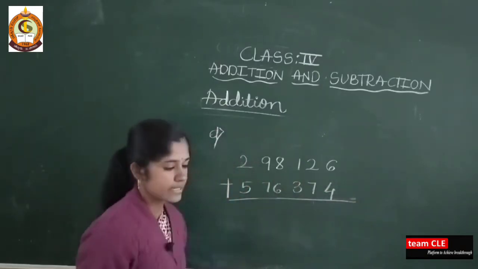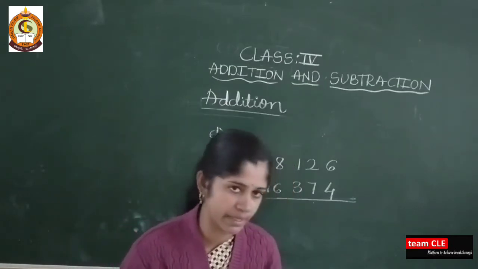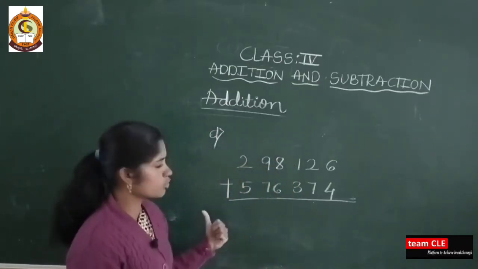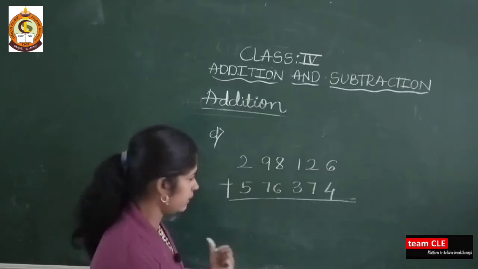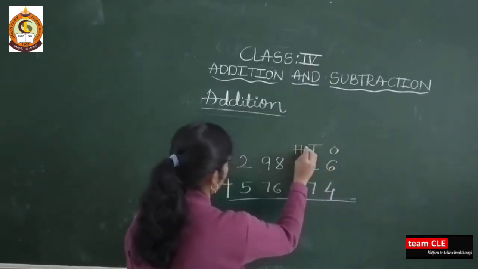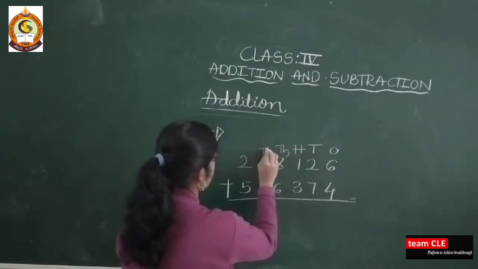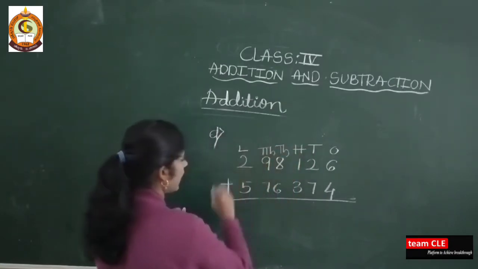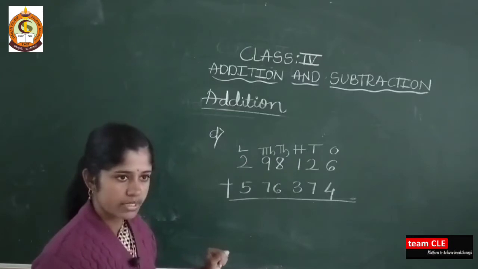Yes, these examples I am solving from your My Practice Time 1. Before this I solved A1, now I am solving D1. So write the place values here: ones, tens, hundreds, thousands, 10,000 and lakh.